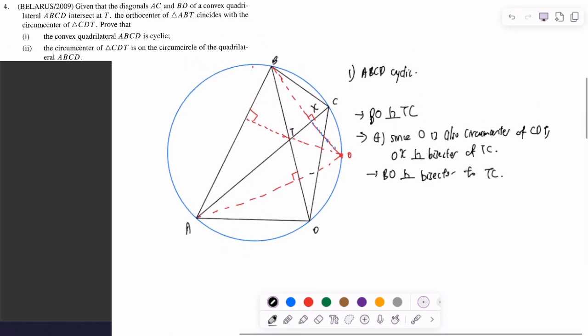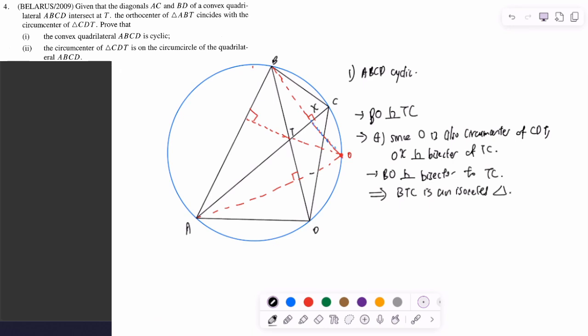And since BO is the perpendicular bisector of TC, we can conclude that BTC is an isosceles triangle.